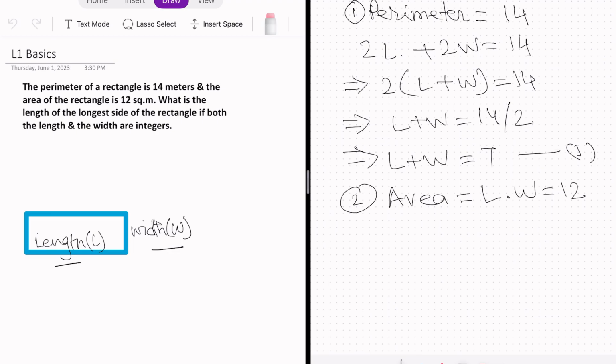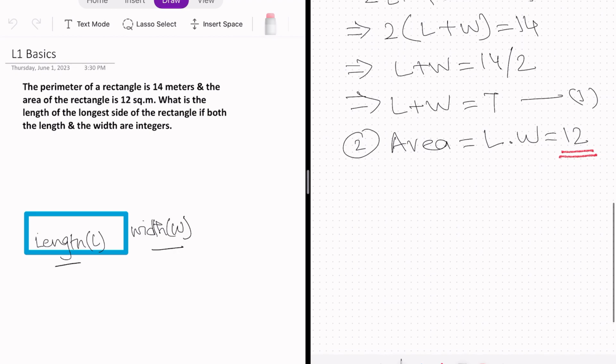So in this case, we will work off this number 12, and we'll create a chart or a table after we find out what the factors are. So we know the factors of 12: 1, 2, 3, 4, 6, and 12.